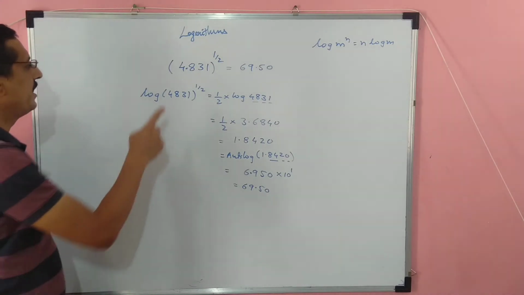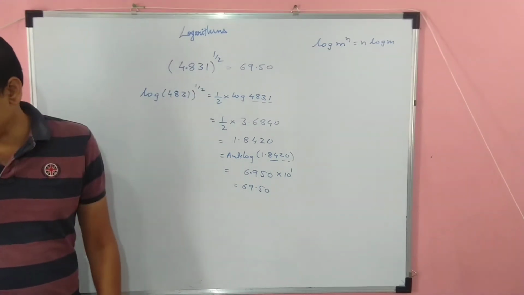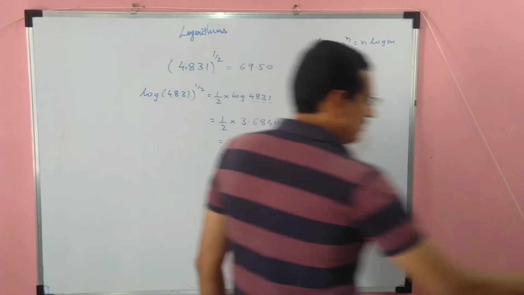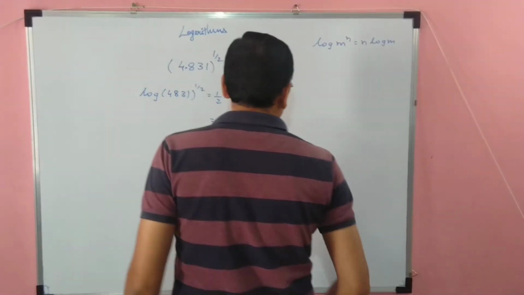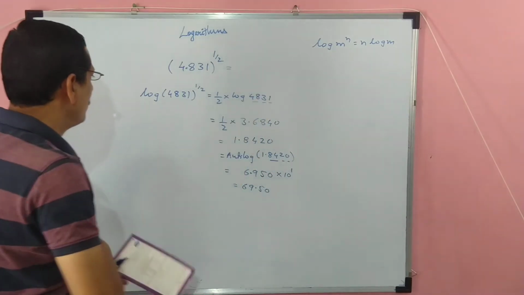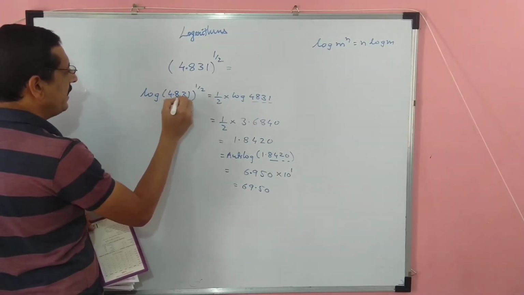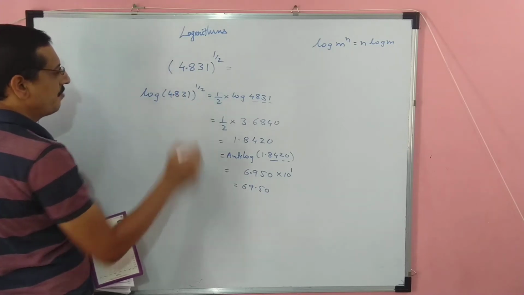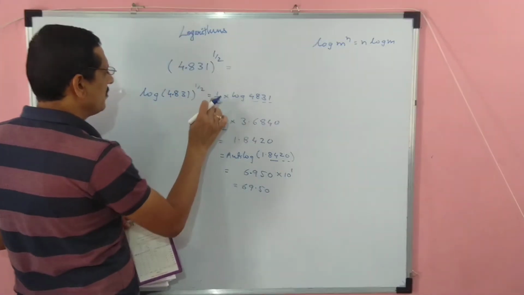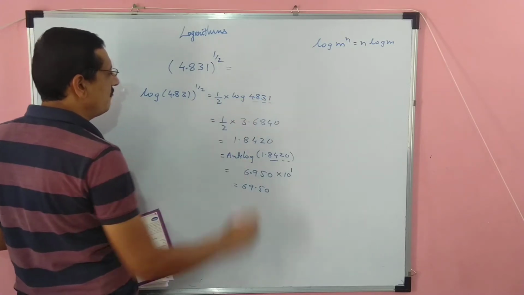Students, I will erase this answer now; it will definitely be something else. So this I will remove. This is nothing but log of 4.831 raised to power 1 by 2, which is nothing but 1 by 2 into log of 4.831.